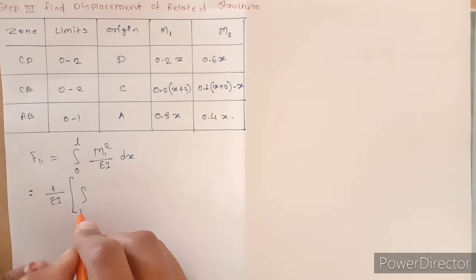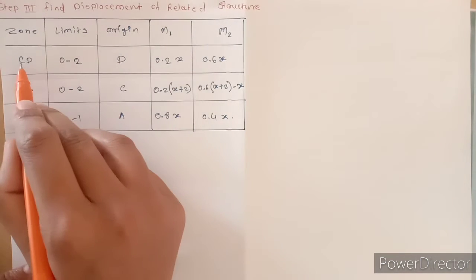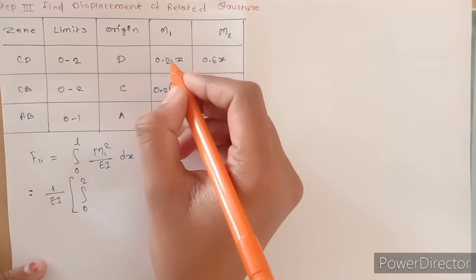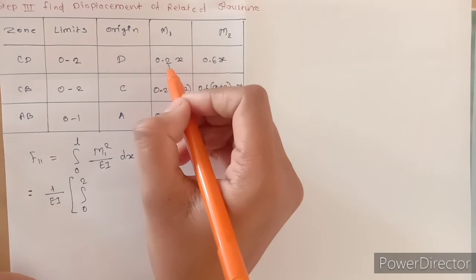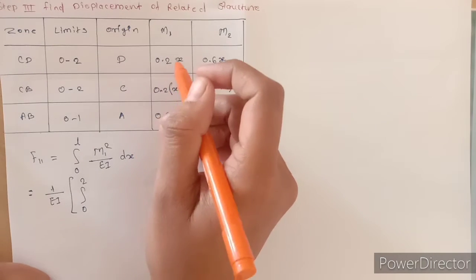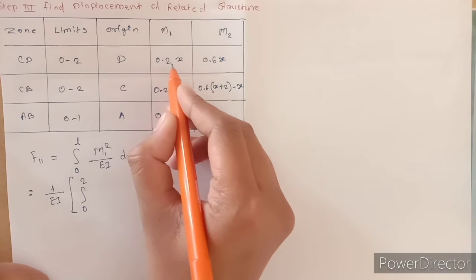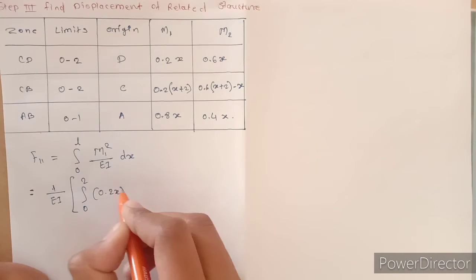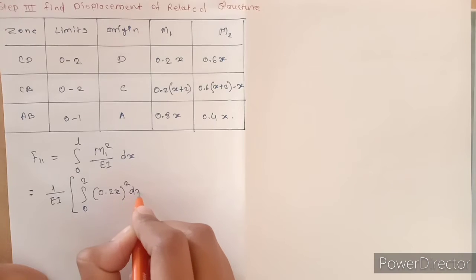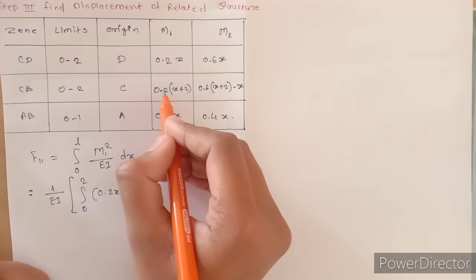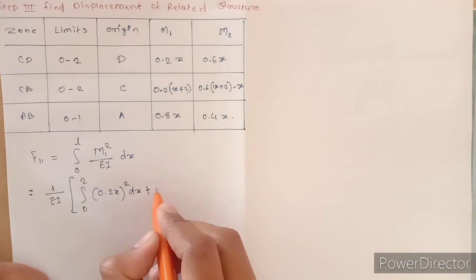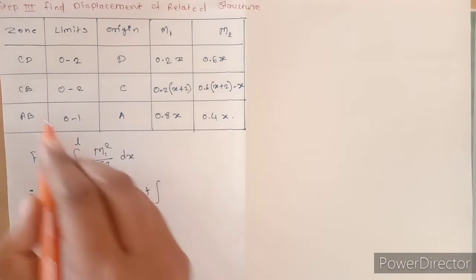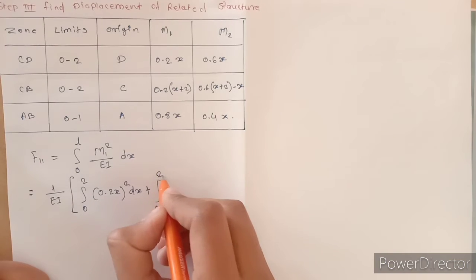First integration, put limit for CD zone. Our limit is 0 to 2. Then you can see in M1 column our first moment is 0.2x. So here we take 0.2x bracket square into dx plus second moment is for CB, our limit is 0 to 2.